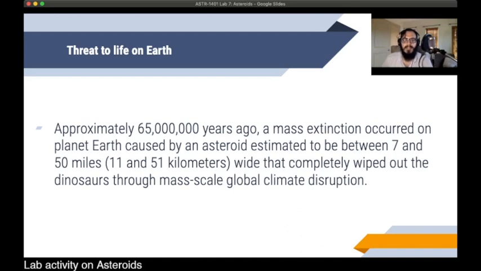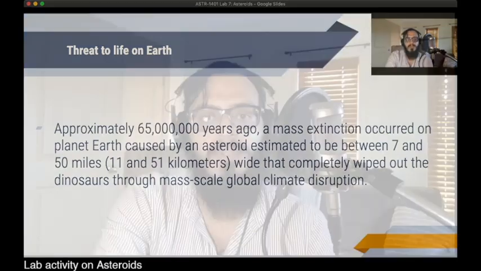So one of the things that we do at the observatory is we are interested in actually tracking these objects. So we'll head out to the observatory and make a plan and track these objects from the Minor Planet Center.